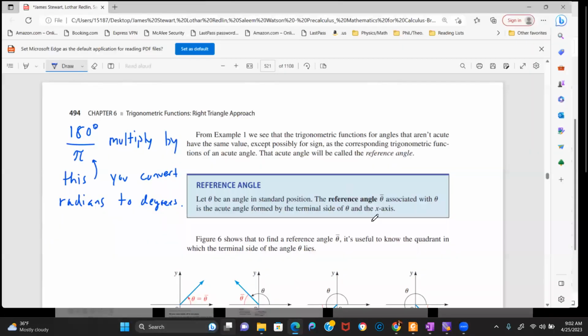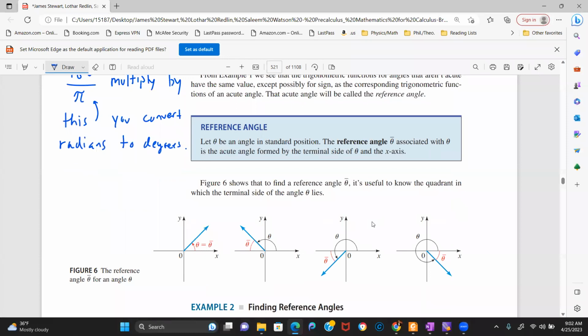All right, so now there's this idea of a reference angle, and it's kind of like our reference number that we spoke about in chapter 5. So you have an angle in standard position, and then you can associate this angle theta bar, like the T bar.